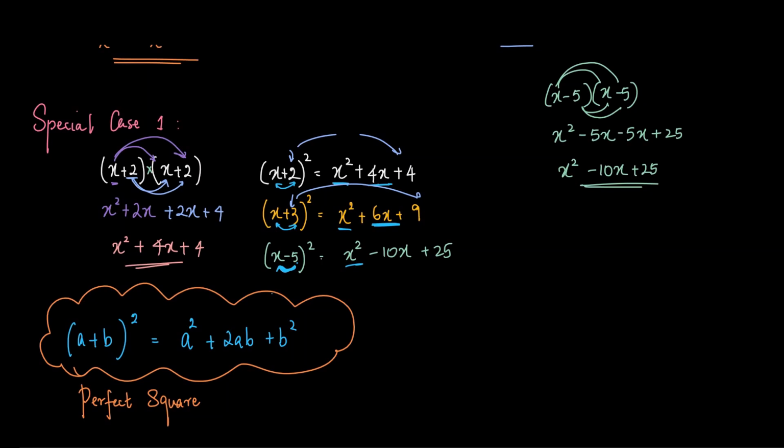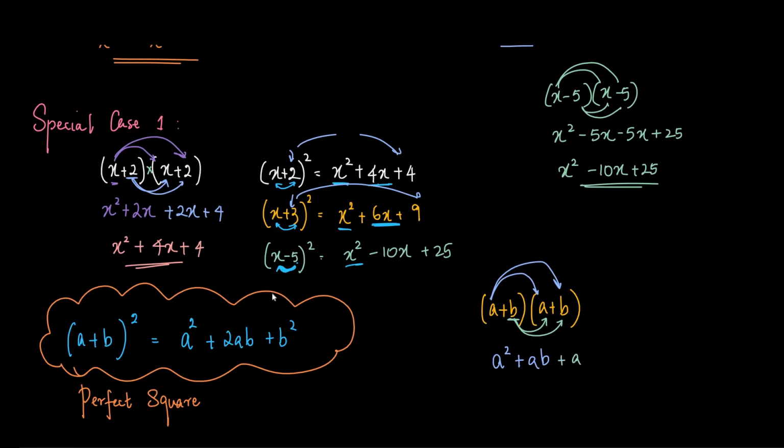Now if you want to prove that, I'm going to expand a plus b whole thing squared as a plus b times a plus b, and we do our normal thing. We just multiply them binomially. a times a is a squared, a times b is ab. And then the second term, b times a is ba or ab.